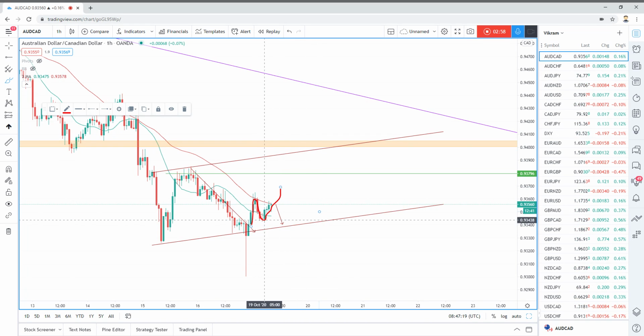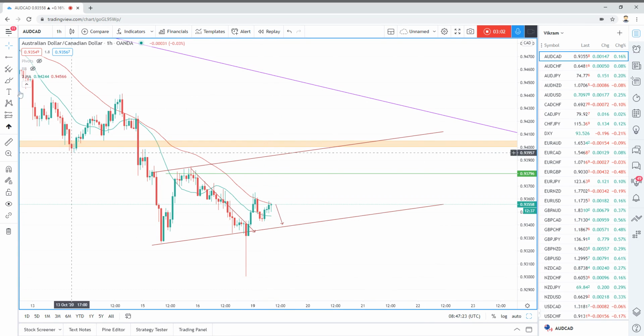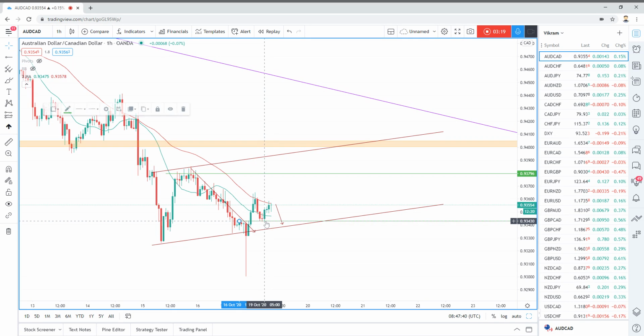And here, when price came back after testing the 50 moving average, it found support at the previous resistance which it broke above. So that means price is still remaining above the support. We can expect the price can continue higher.